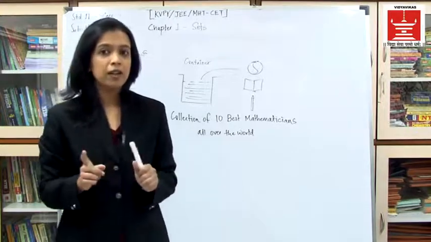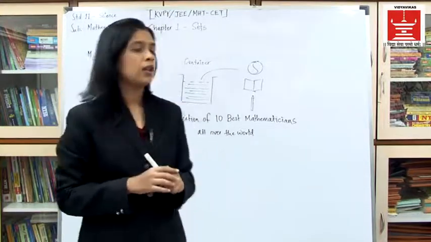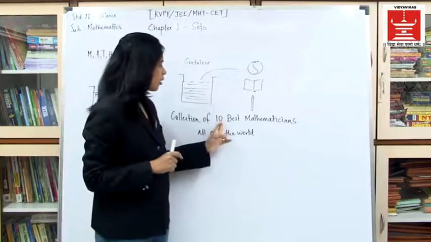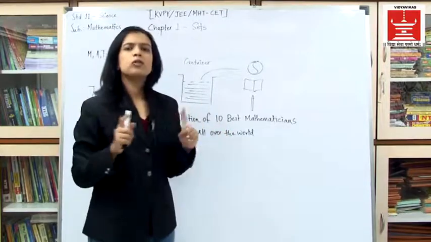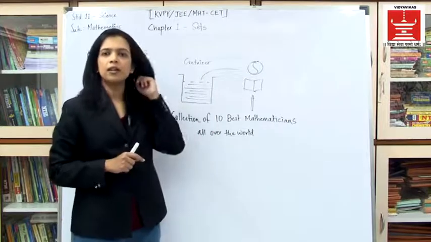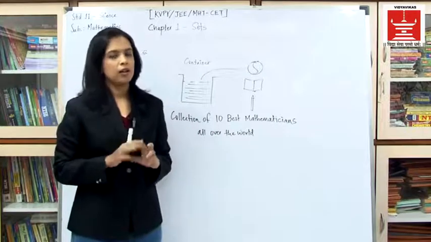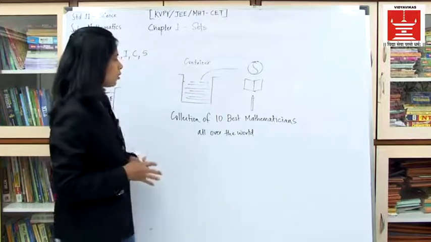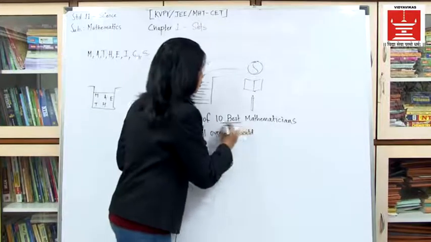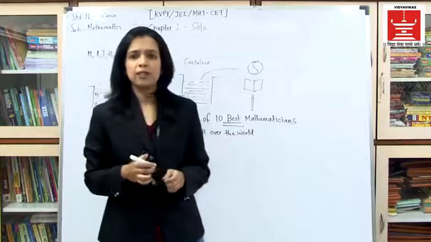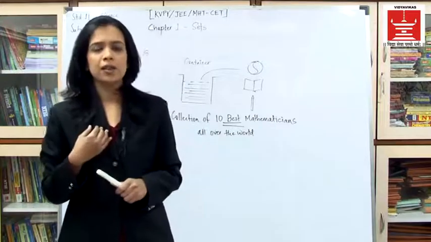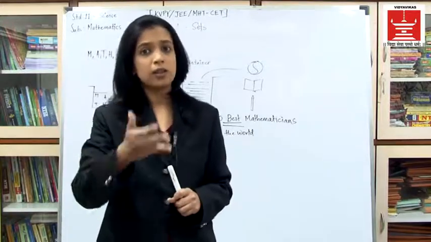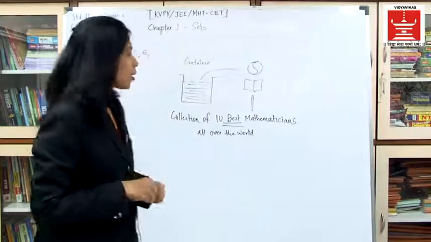By well defined, we know what we mean. That whoever is considered as best must come under this category. Otherwise, if not best, it should fall outside this collection. So this term best is very relative, right? So what I consider best, you might not consider it the same way, right?